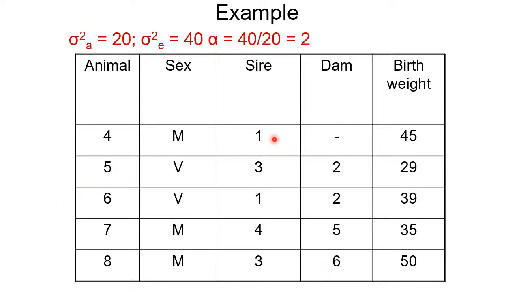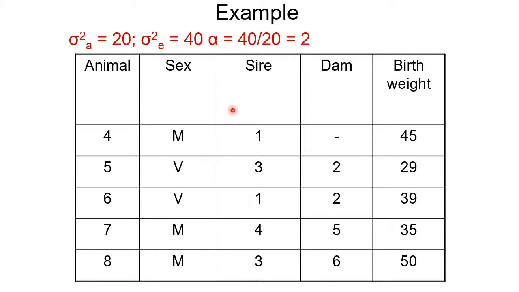So it's obvious that if we draft our A matrix, or our additive relationship matrix, we need to take into consideration that these animals are actually very much related to each other.